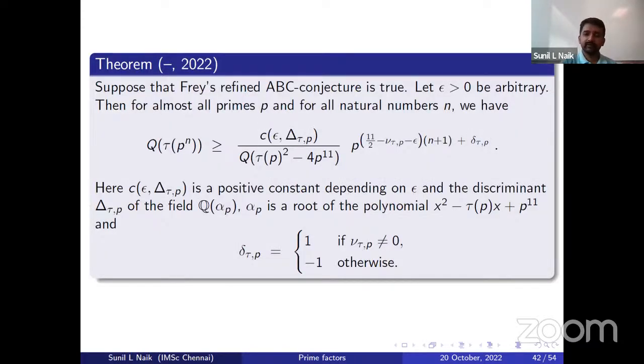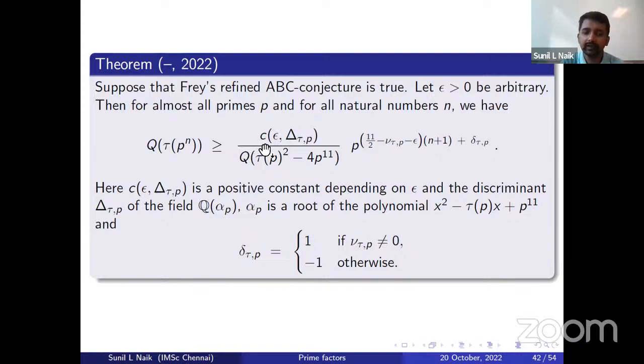Assuming the ABC conjecture, we prove that for almost all primes p and for all natural numbers n, the radical of τ(p)^n is at least the constant C divided by the radical of (τ(p)^2 − 4) times p^11 times a power of p, where the power is equal to 11/2 − v_τ(p) − ε times n+1+δ_τ(p).